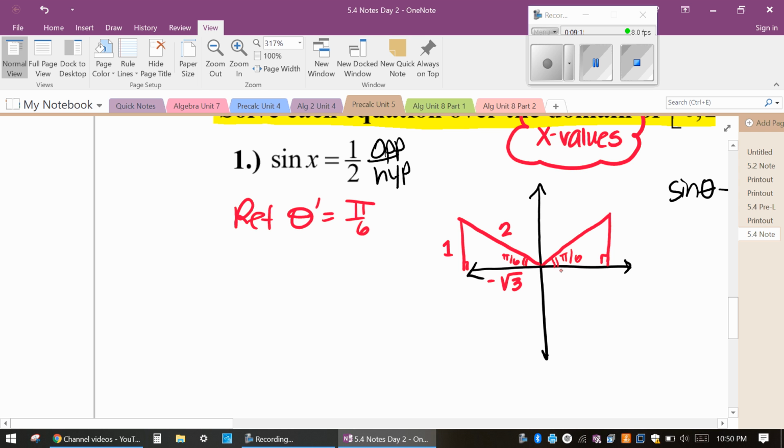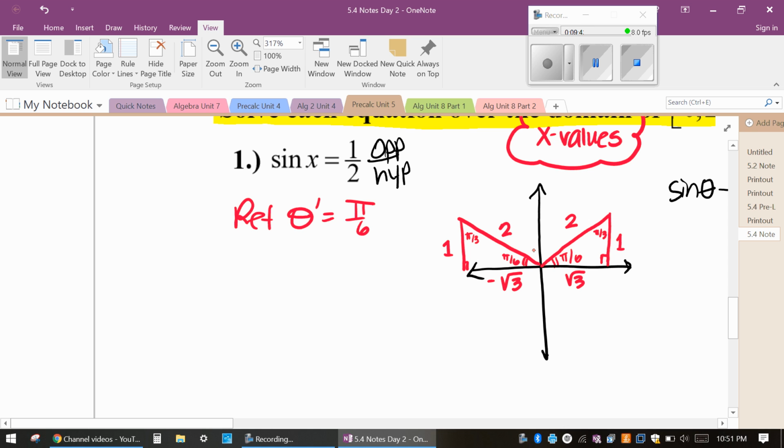I'm filling in my lengths according to my 30, 60, 90, aka pi over 6, pi over 3, and pi over 2 triangles. It'd be the angle that has a reference angle of 30 degrees in quadrant 1, and the angle in quadrant 2 that has a reference angle of 30 degrees.